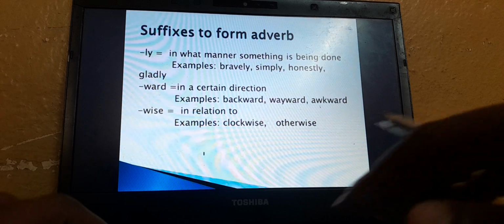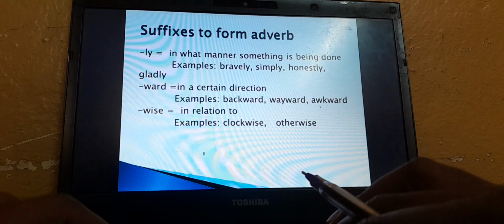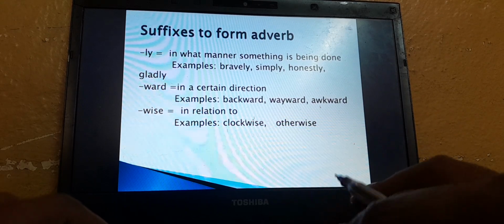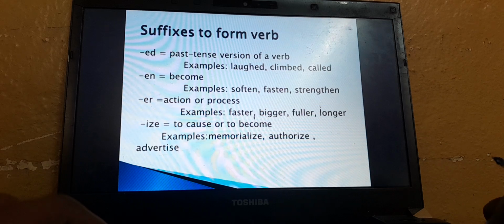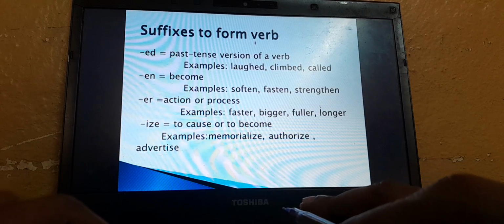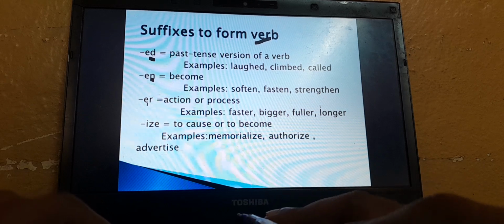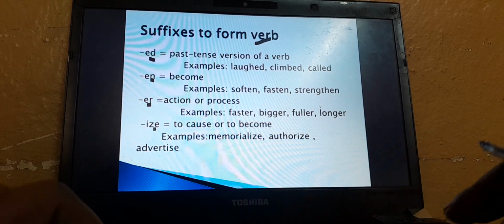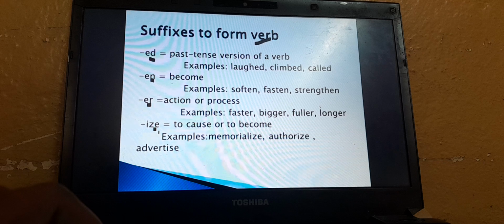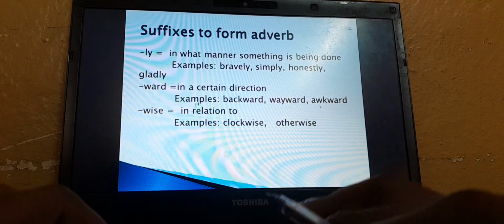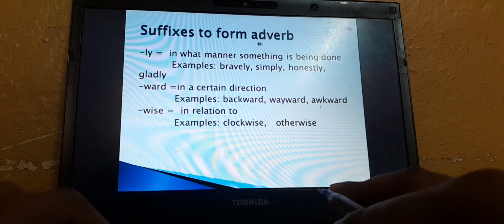You see? So these are some of the suffixes that can be used in order to form verbs. Okay, this one, and this one, okay? And the next is suffixes to form adverbs.